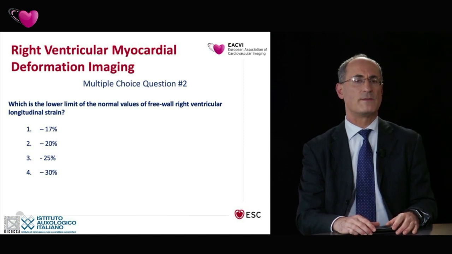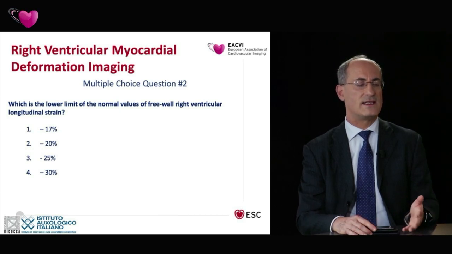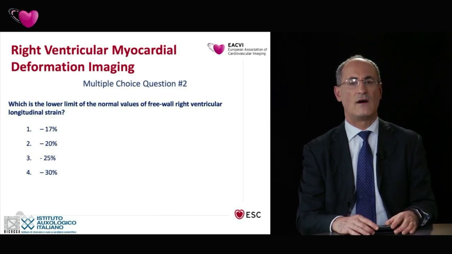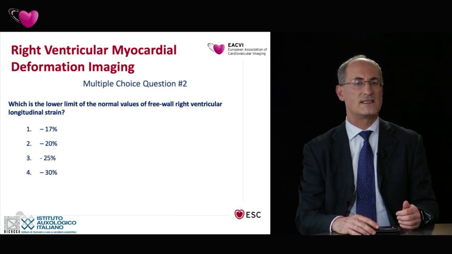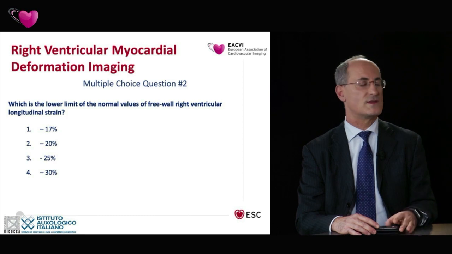And now comes my second question, an important one: when we say that the right ventricular free wall longitudinal strain is abnormal, is it when it is less than 17%, less than minus 20%, less than minus 25, or minus 30%?